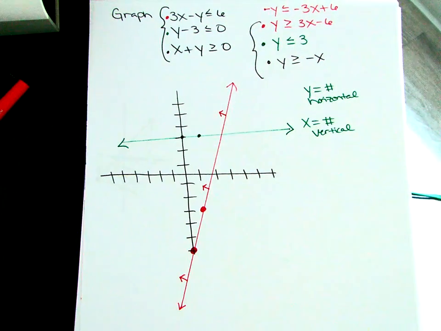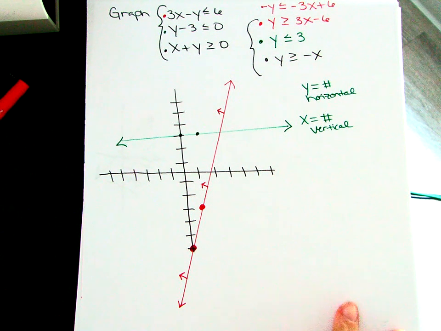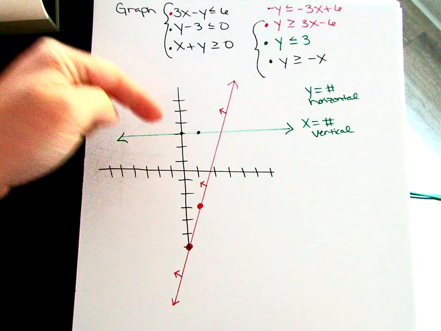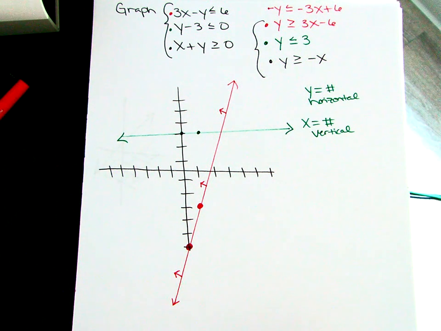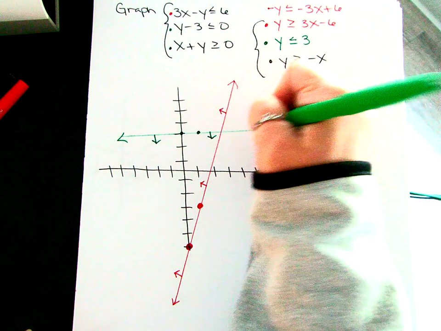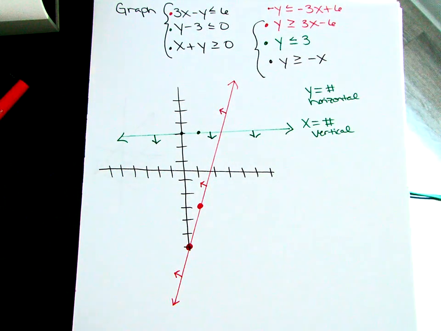Yeah, that's definitely an ish line. But then the question becomes, if y has to be less than or equal to 3, would that be above or below the green line? Below. So if I was only shading the green, I would shade below that.